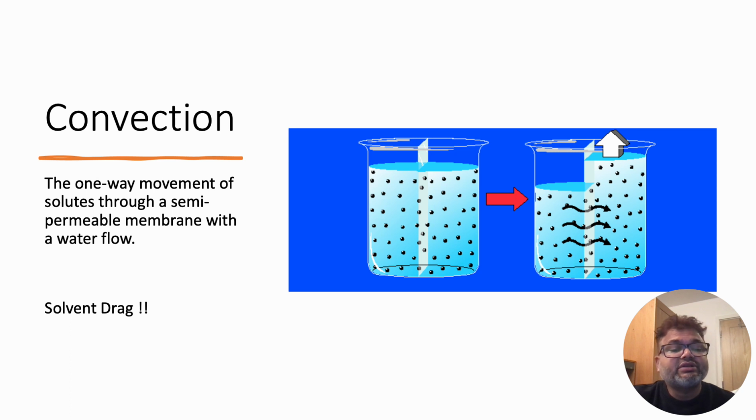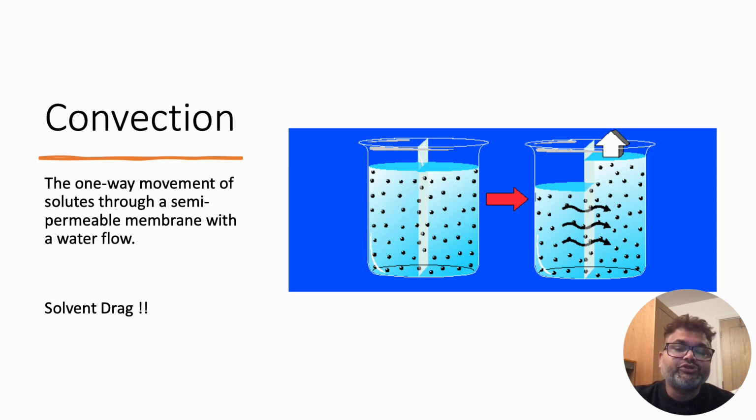The next mechanism is convection. Convection is the one-way movement of solute through a semi-permeable membrane with a water flow, which is also called solvent drag.